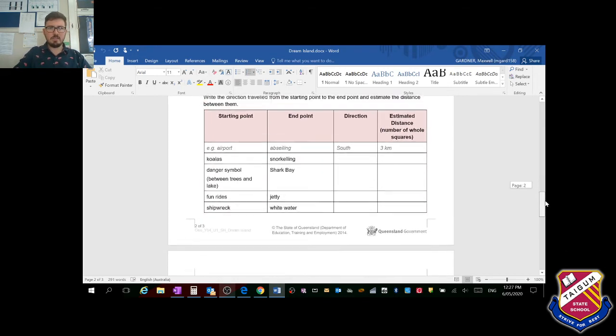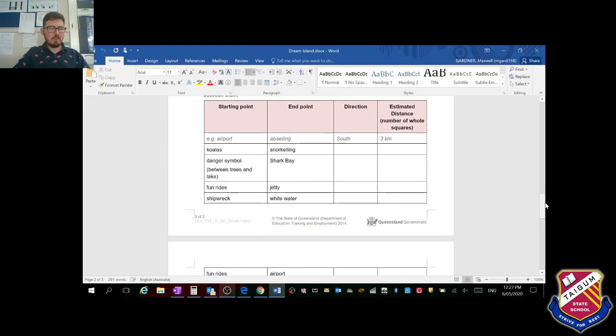Now 3. Here are my answers for number 3 if you want to pause the video. For the first one, koalas to the snorkeling, we travelled east 5 kilometres. Remember, it's an estimated distance, so it's not an actual distance.